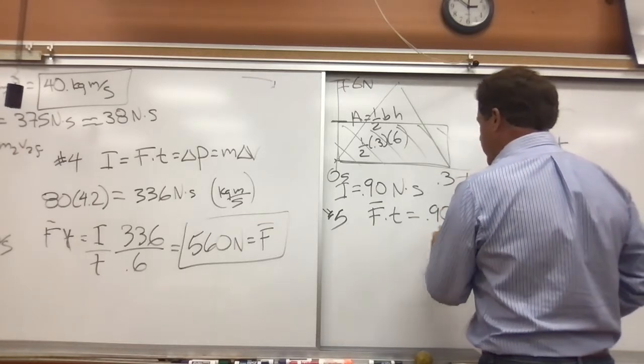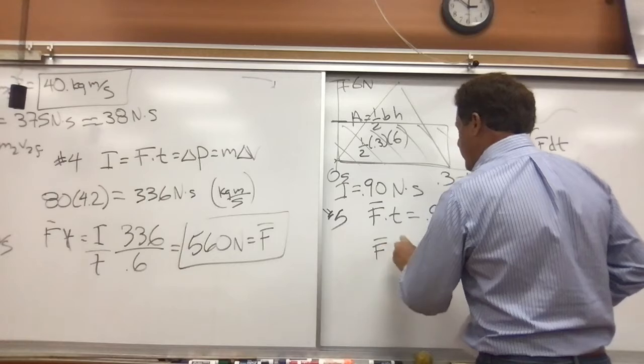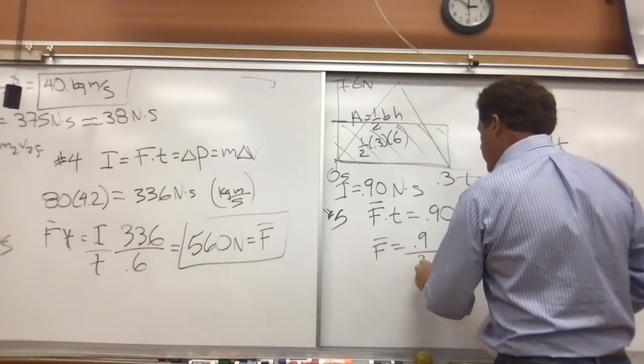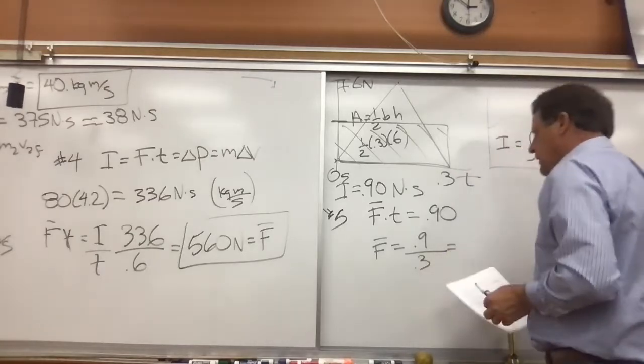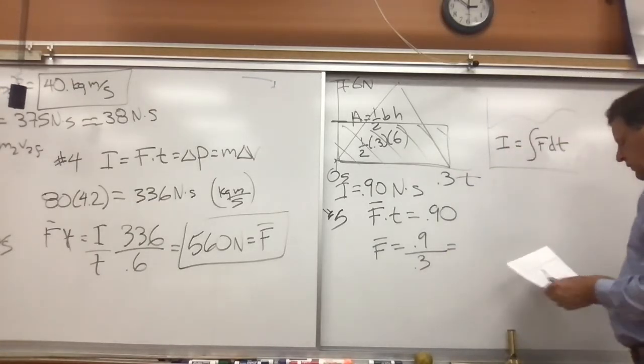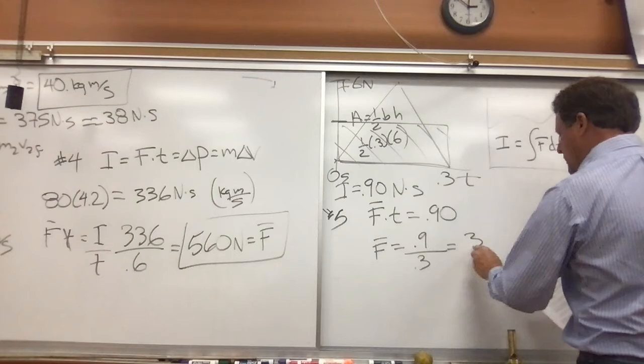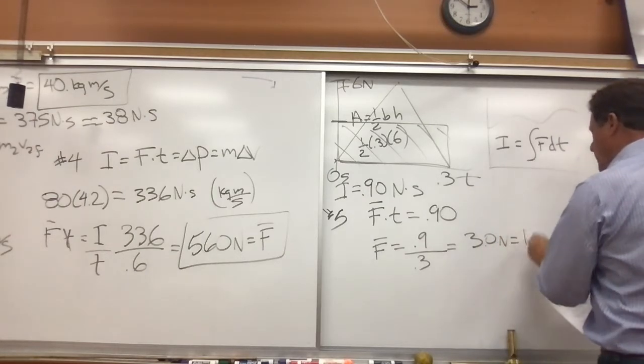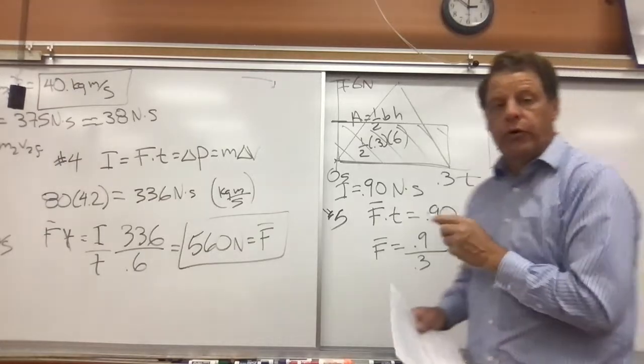And so we're going to divide by time. So our average force is going to equal 0.9 divided by 0.3. And that should give us 3 newtons. 3.0 newtons would be equal to our average force.